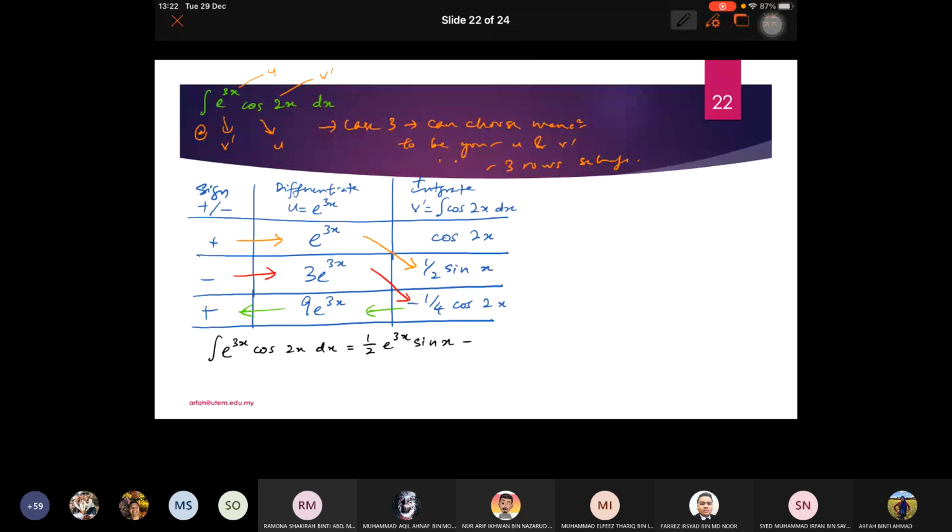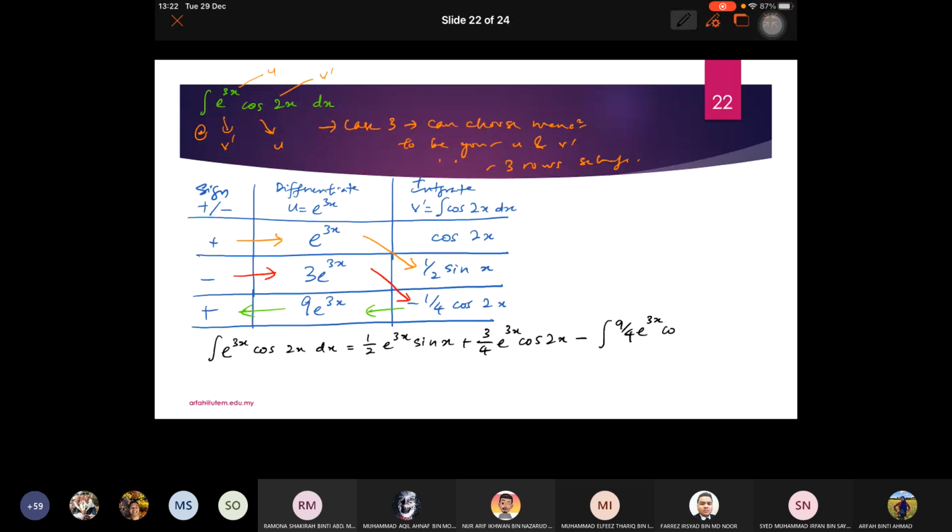Okay, plus 3 per 4 exponential 3x cos 2x and then tolak integration bagi 9 per 4 eksponensial 3x cos 2x tambah C. Okay.